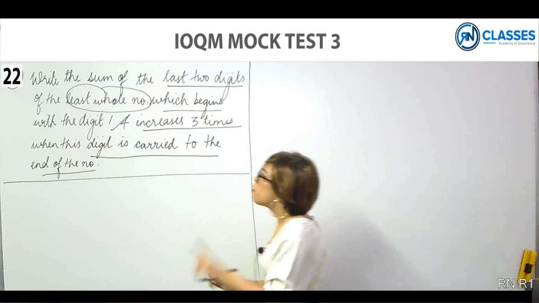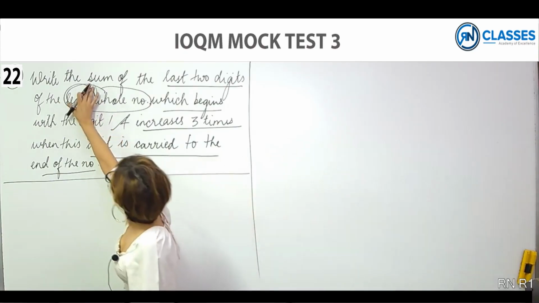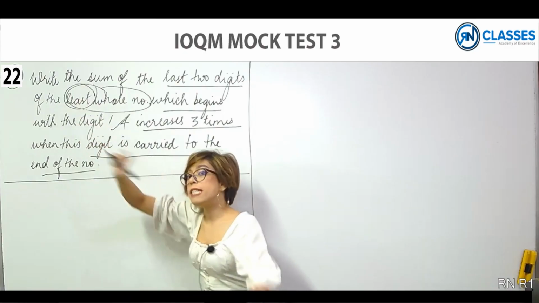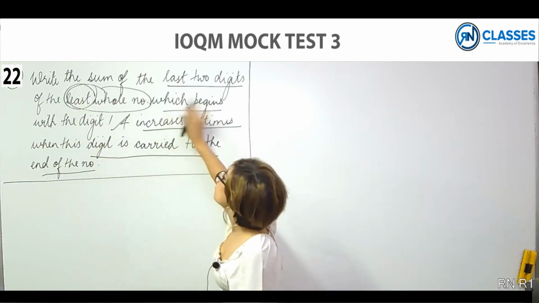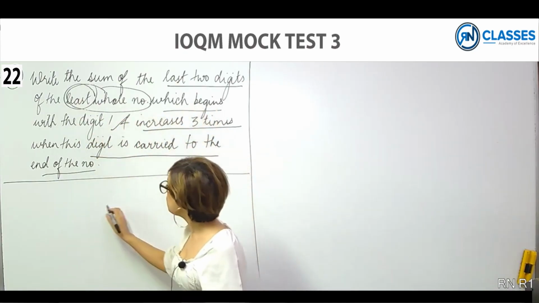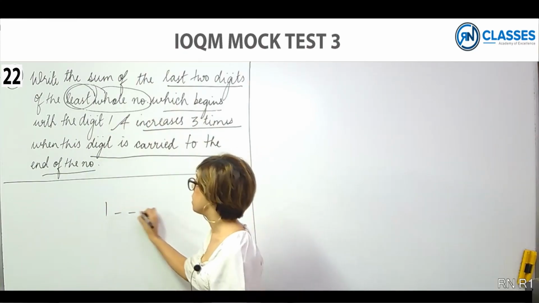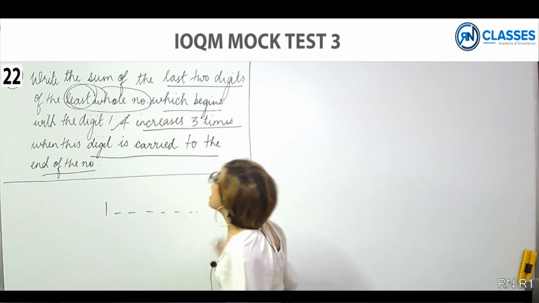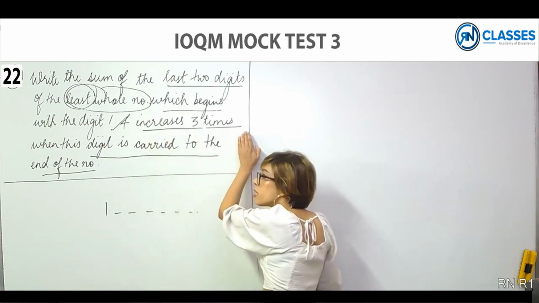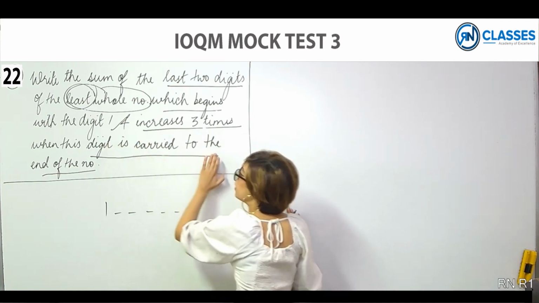Now I need to find the least whole number. Now the least whole number will satisfy this property, which begins with the digit 1. So the whole number begins with the digit 1. Right? After that, obviously some digits are there. I don't know how many. Right? And increases 3 times when this digit is carried to the end of the number.